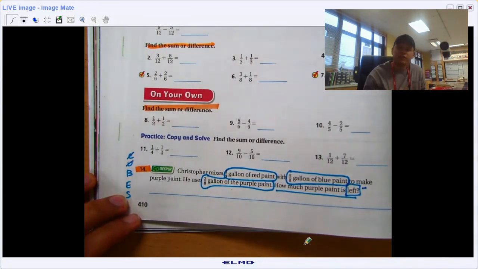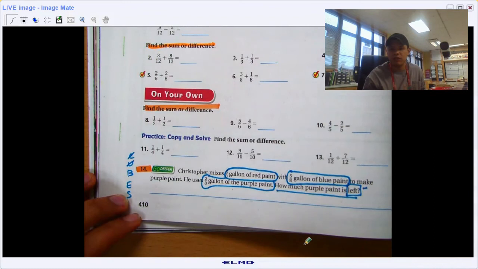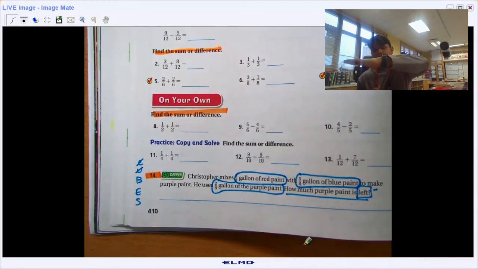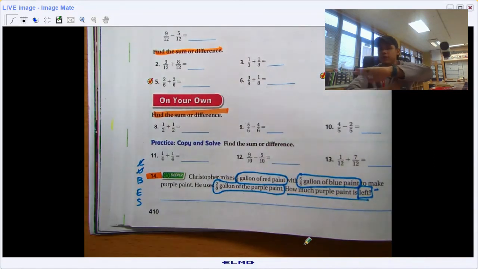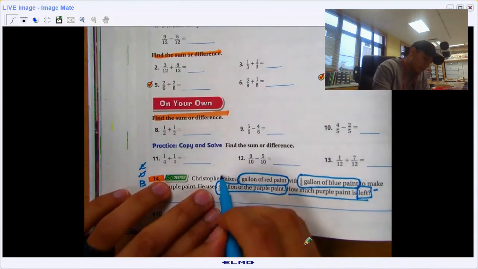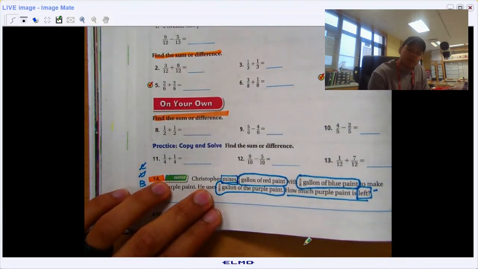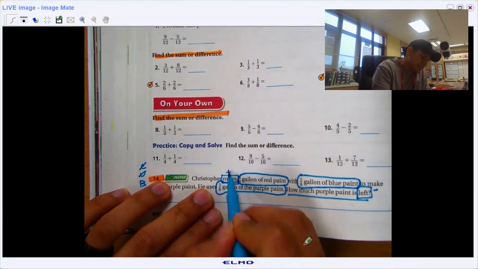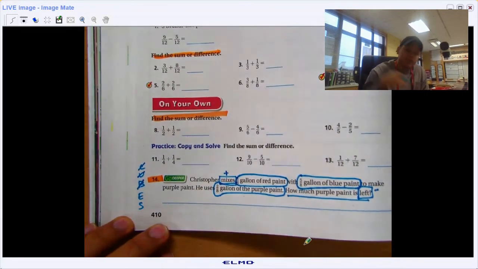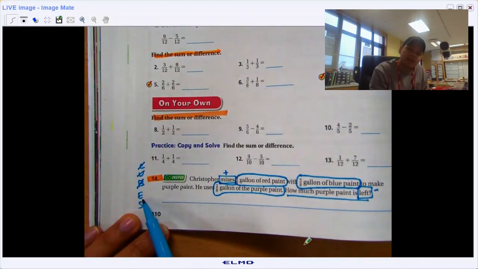Okay? Now, can you see another word that tells you that we need to do another operation like add, subtract again, multiply, or divide? That word is mixes, or maybe even with, but I'm going to choose mixes. And mixes means to add. Okay? So that's helped me to think or evaluate how to solve this word problem.